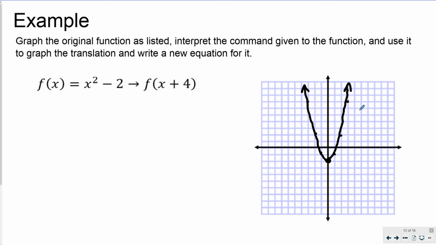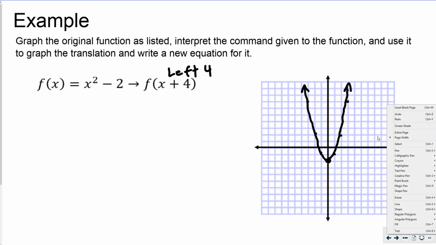So did the best that I could. Sorry again, it's a little shaky. But now it says f of x plus 4. That is telling me to go to the left 4. Excuse me. So I'm going to take all of those points and translate them left 4.